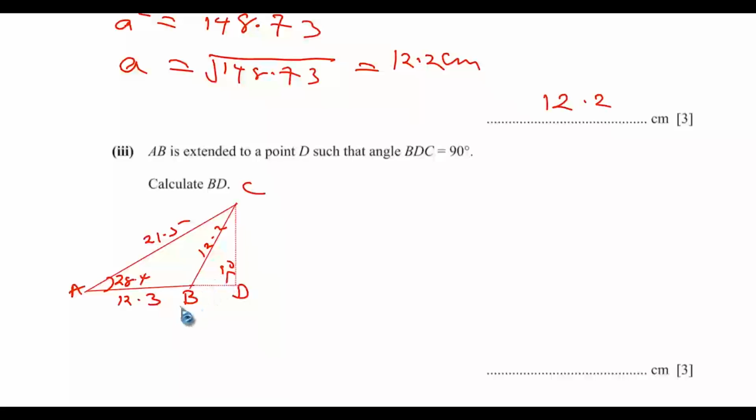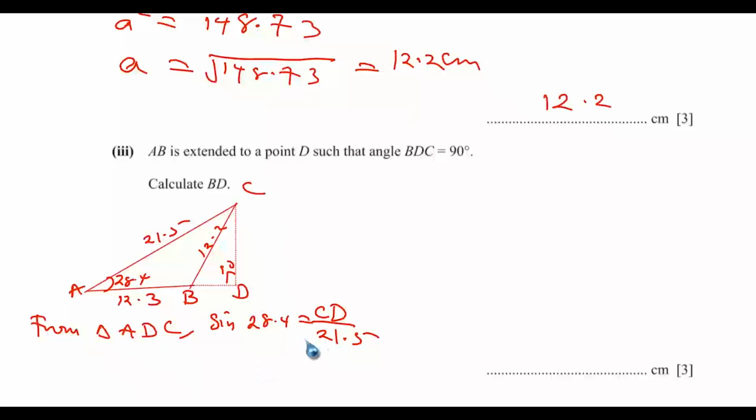So from triangle ADC, I want to find DC. So let's write here, from triangle ADC, we know that sine 28.4 will be equal to opposite over hypotenuse. So sine 28.4 equals CD over 21.5.